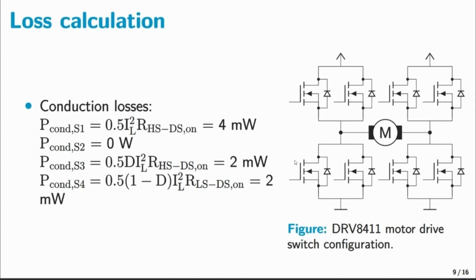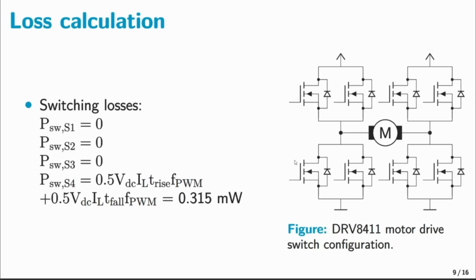In the first half bridge, conduction losses occur only in the switch S1 as it is conducting for the whole duration. Also, as the duty cycle is 0.5, same conduction losses occur in switches S3 and S4. The factor 0.5 is applied to all the losses as there are two switches in parallel, as shown in the figure on the right.